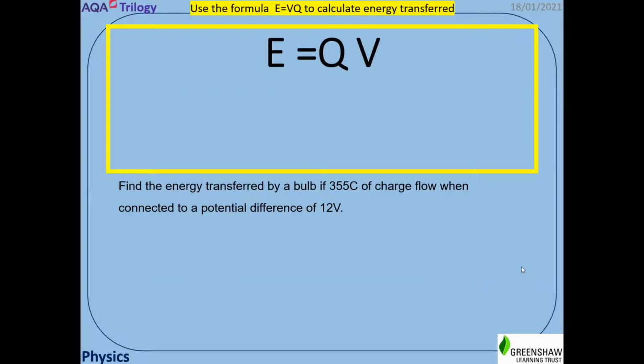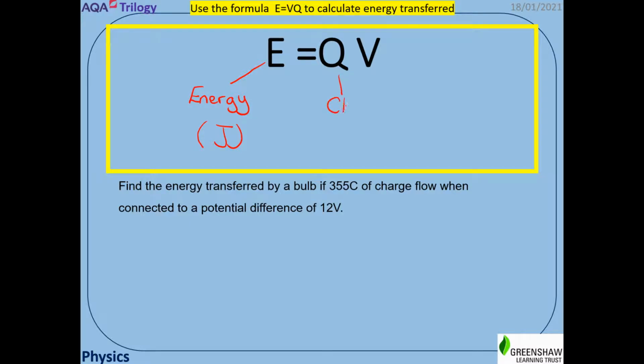Okay, now we are going to go on to look at this equation. So this is the equation that we've just been talking about, although we had it a slightly different way around. I need you to write out this equation. So energy, which is symbolised by a capital E, and this has the units joules.